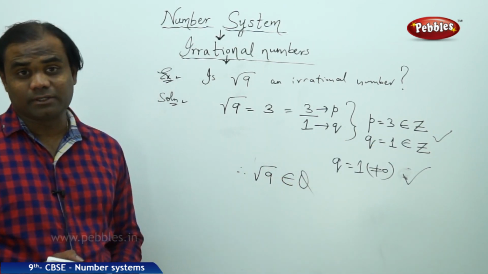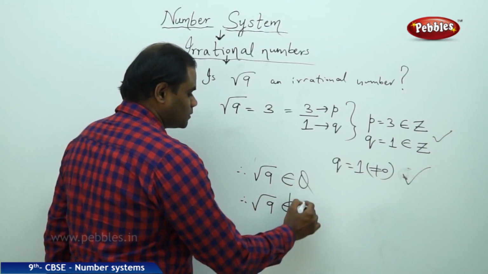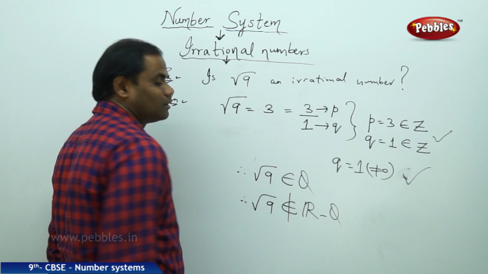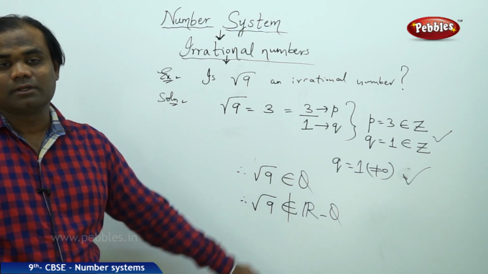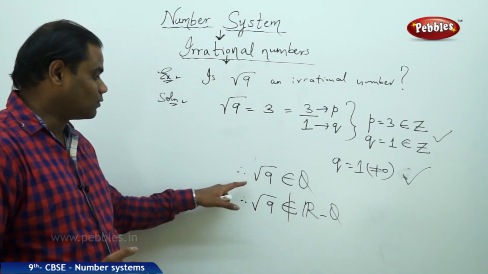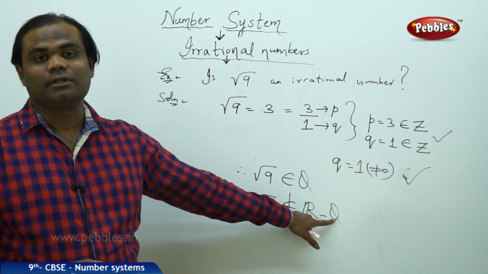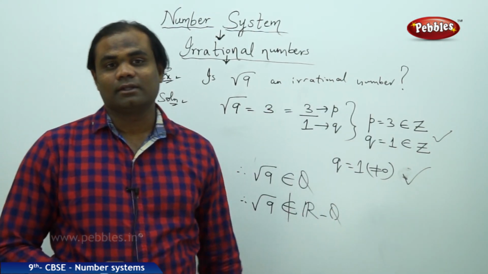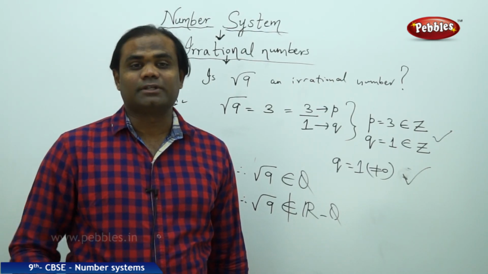It is a rational number, and therefore root 9 cannot be an irrational number. A number which is rational can never be irrational, and a number which is irrational can never be rational, and therefore root 9 being a rational number cannot be an irrational number. That is how we justify the irrationality of a number based on its rationality.